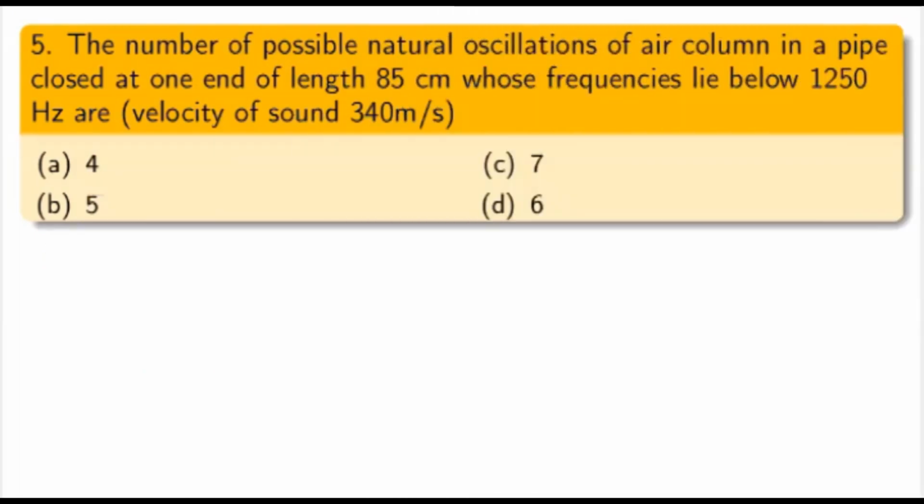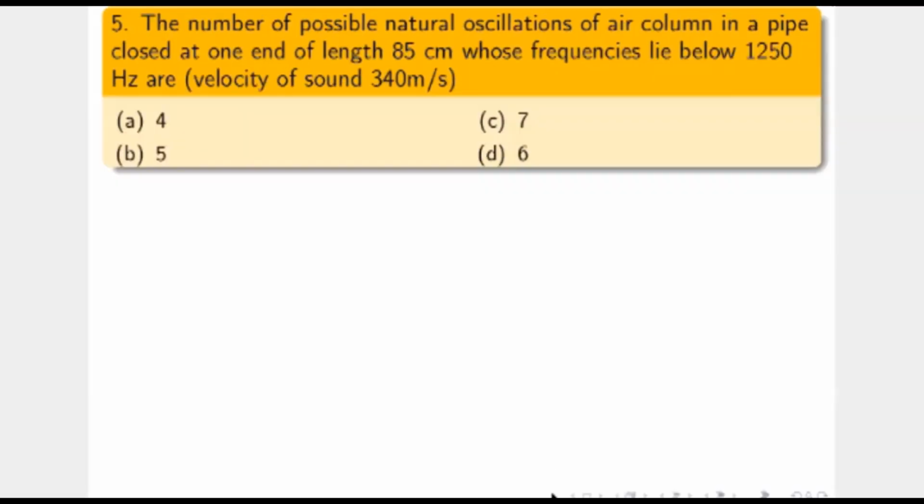Next question. The number of possible natural oscillations of an air column in a pipe closed at one end of length 85 centimeters, whose frequencies lie below 1250 Hz, are. So the maximum possible frequency for that air column is given, that is 1250 Hz.